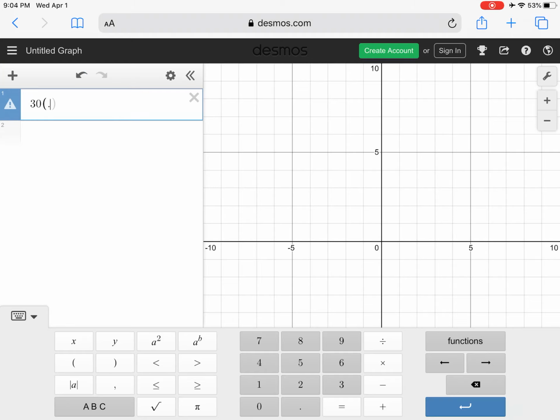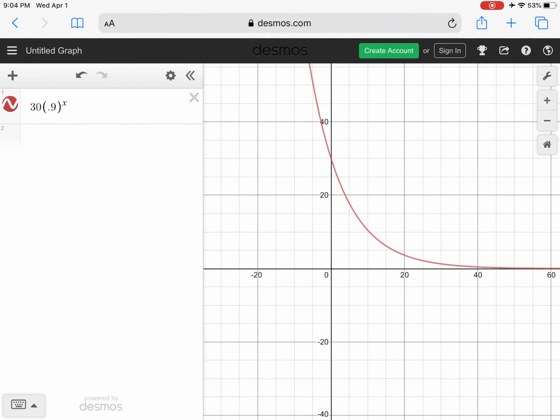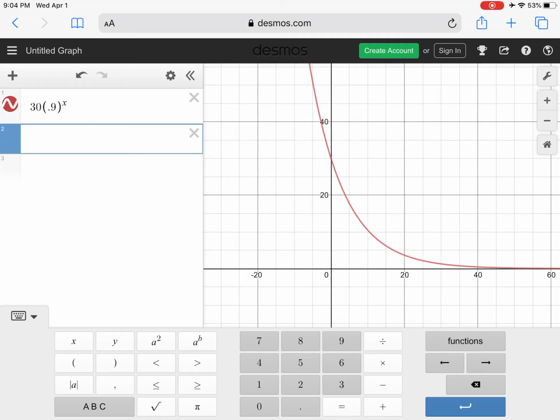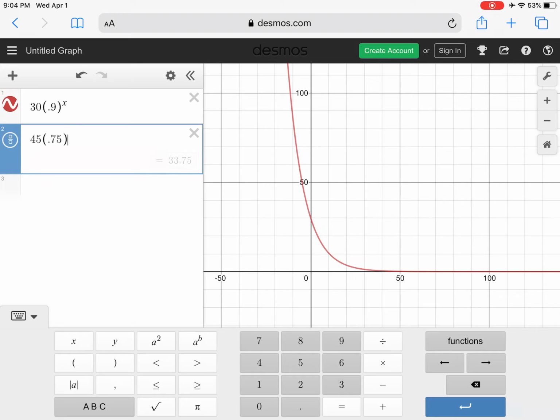So we have 30 times 0.9 to the x power. That's my first graph. And then my next one is 45 times 0.75 to the x power. Okay, so we have my two functions here.